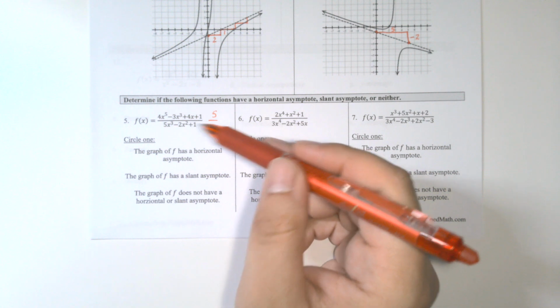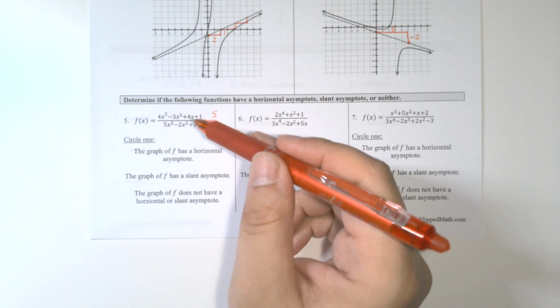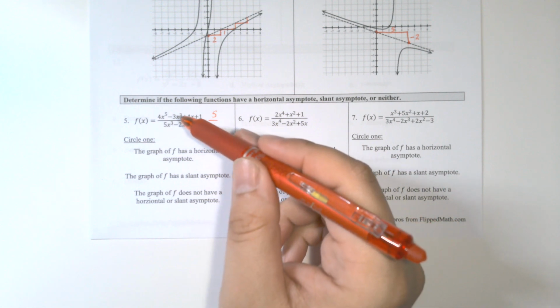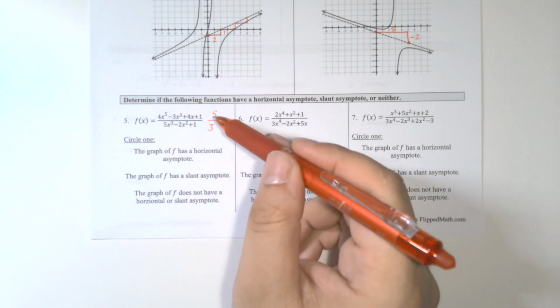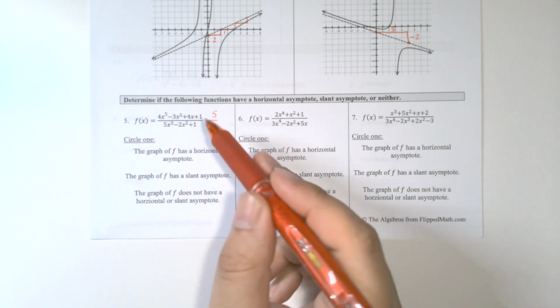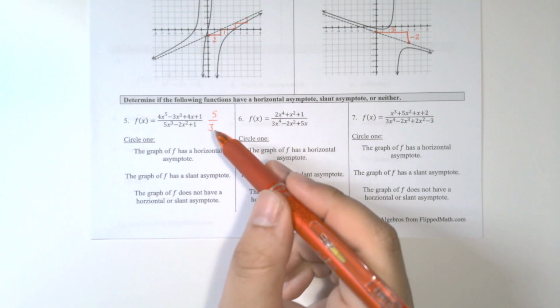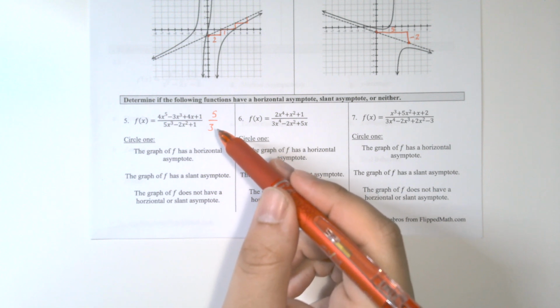But importantly, if the degree on the top is exactly 1 higher than the bottom, so if the bottom is 3, we'll have a slant asymptote if this is degree 4, but this is degree 5. So if it is anything bigger than exactly 1 more than the degree of the bottom, then it won't be a horizontal asymptote, and it won't be a slant asymptote.